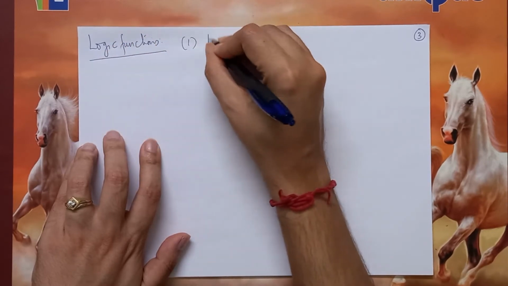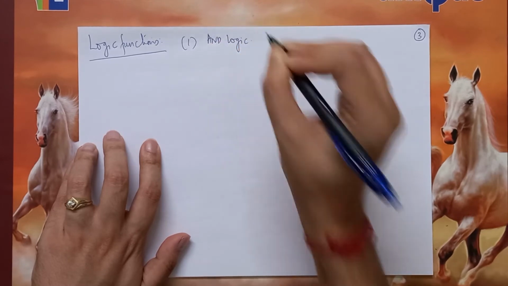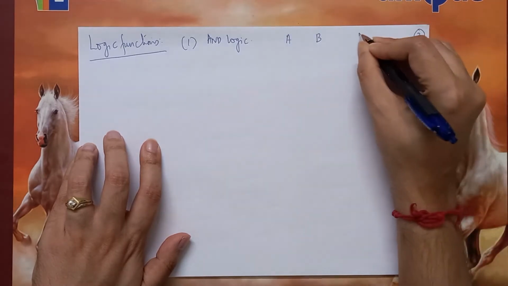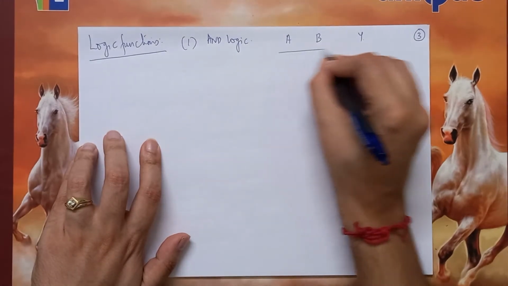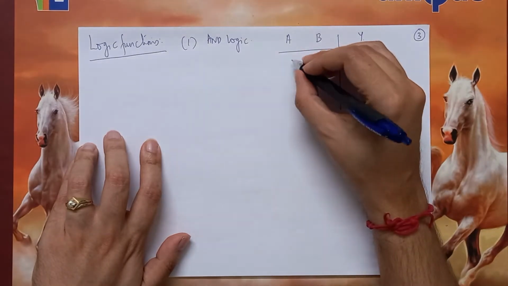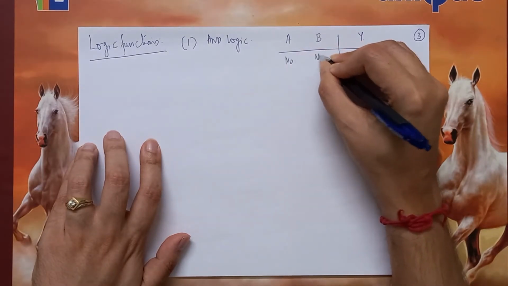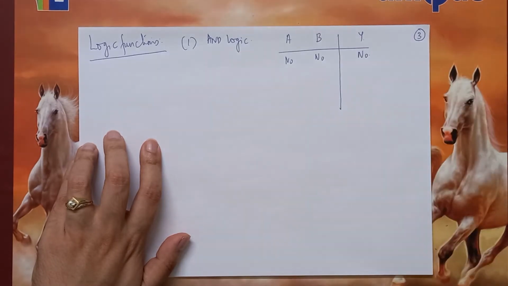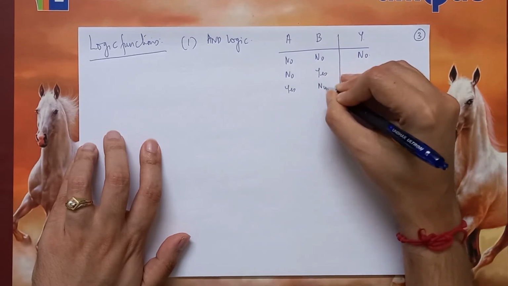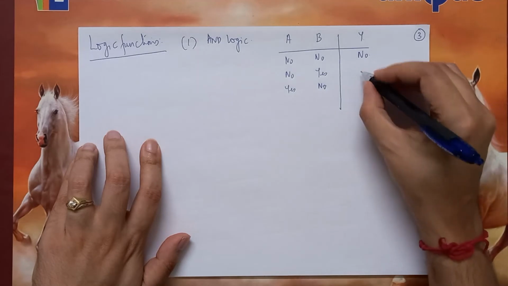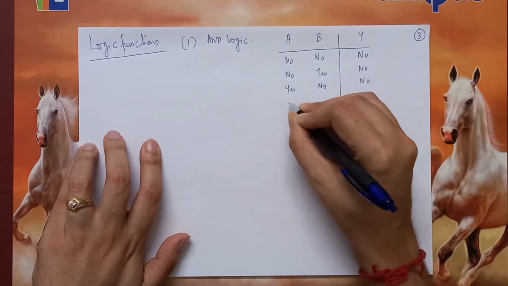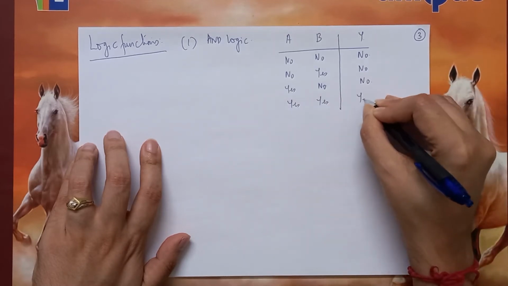The first is called the AND logic. So let us say I have 2 input conditions A and B, and I have the decision output Y. Very quickly, let us write down what we had seen in the previous lecture. If both conditions are not satisfied, the decision is also no. Here also, since both conditions are not satisfied, the output will still be no. Only when both are yes, the output would be yes.